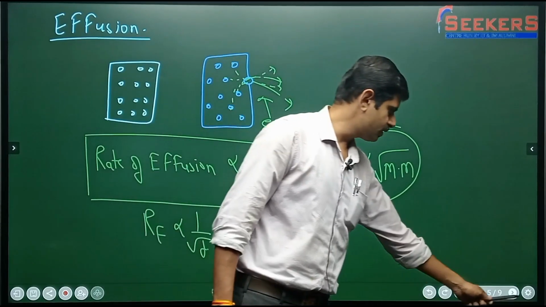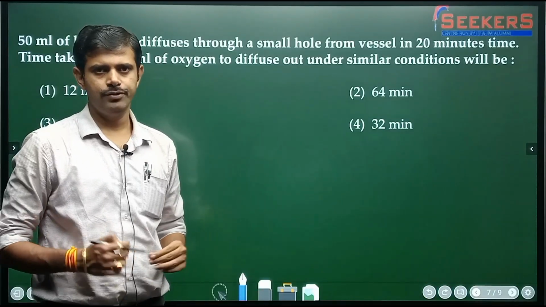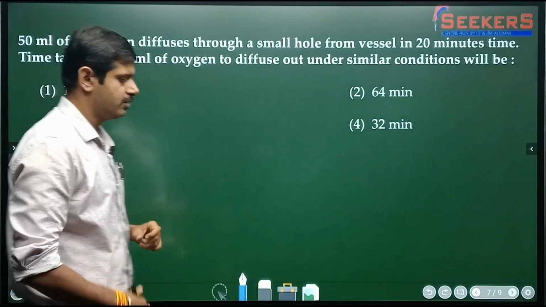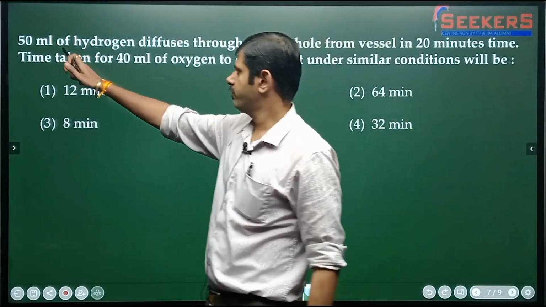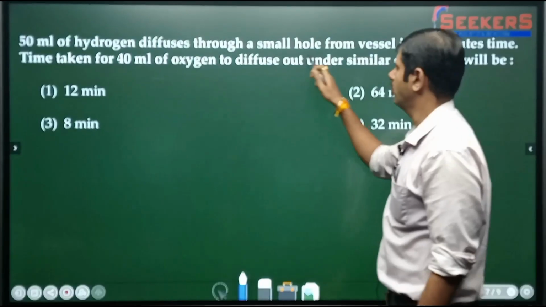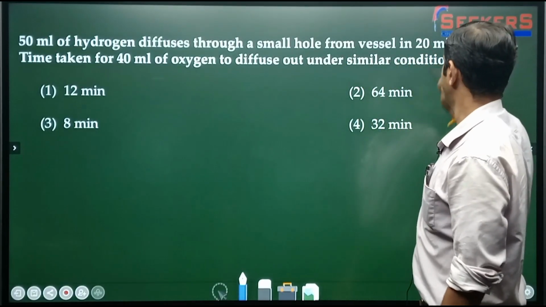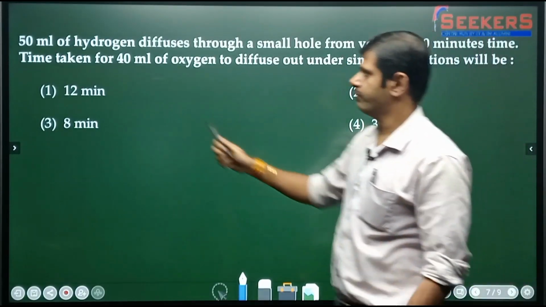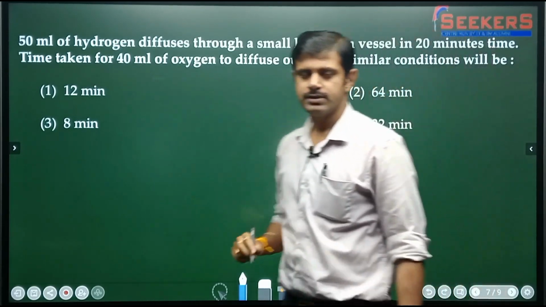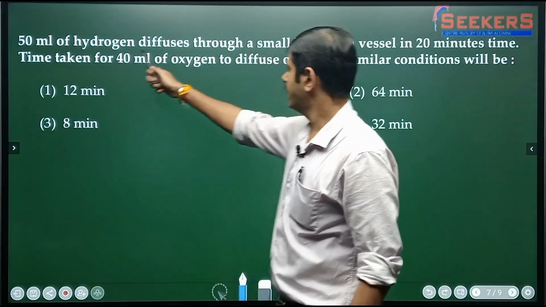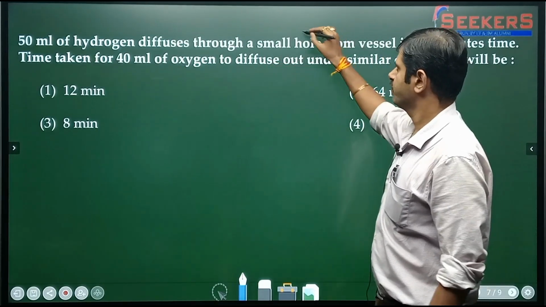So the same formulas we will be using in everything. Clear? Now we will do one numerical on this, on the basis of the formulas we have derived just now. 50 ml of hydrogen diffuses through a small hole from a vessel in 20 minutes. Find the time taken for 40 ml of oxygen to diffuse out under similar conditions.